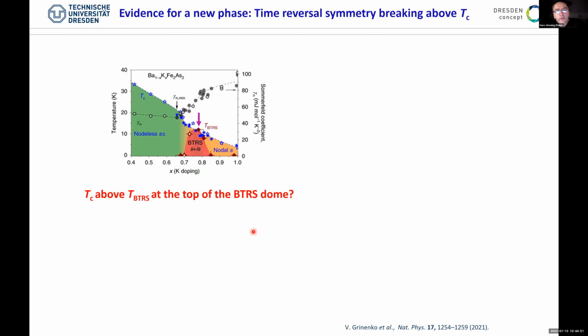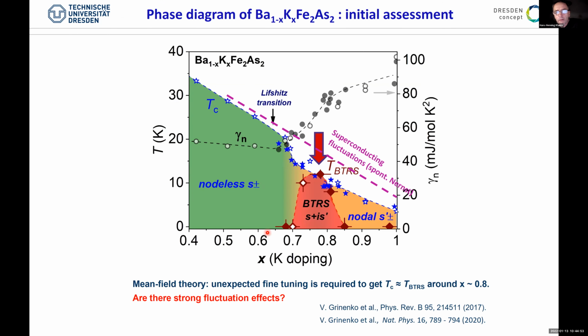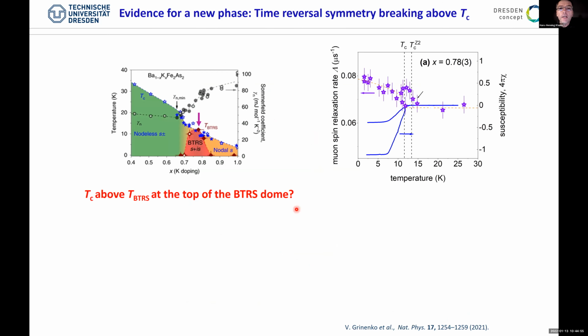So now let's again look at the data. And indeed, in the old data, we found that in one of these samples, 0.8 doping, there is actually some increase of the relaxation rate above TC, if one looks closely. But in the first publication, we thought, well, it's just one data point, and it's not even clear, given the scattering of the data, that this is really new physics.